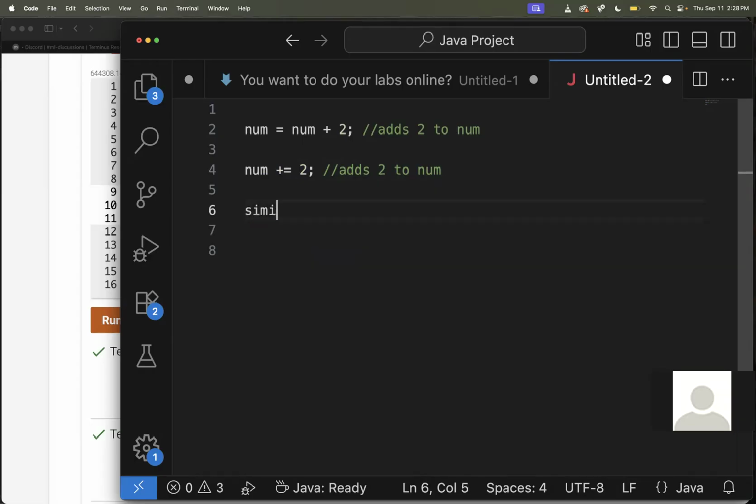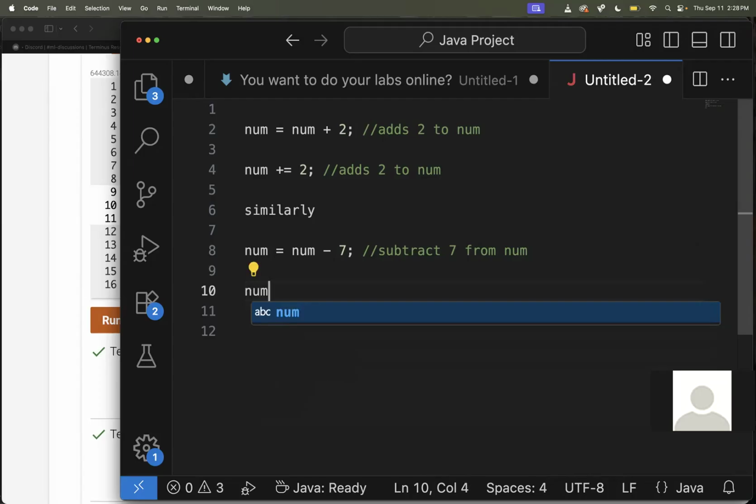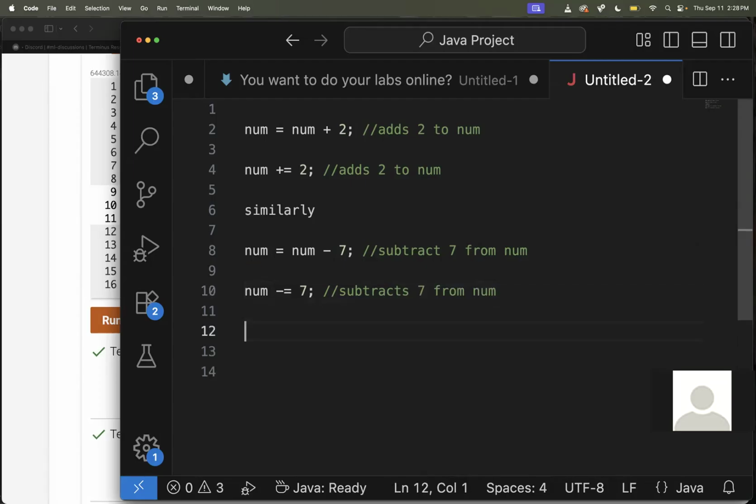Similarly, if I did this, num equals num minus 7, that's going to subtract 7 from num. But another way to do that would be num minus equals 7, like that. That also subtracts 7 from num. So plus equals will add, minus equals will subtract.